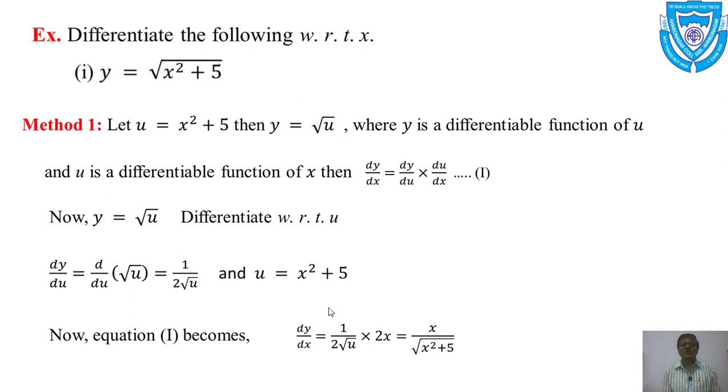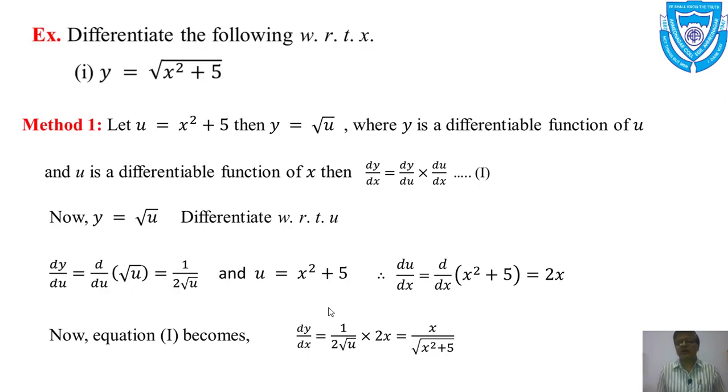Now y is equal to root u. We differentiate this with respect to u, and we know the derivative of root u is 1 upon 2 root u, and u is equal to x square plus 5. So we take the derivative of x square plus 5, which is du by dx, equal to 2x.